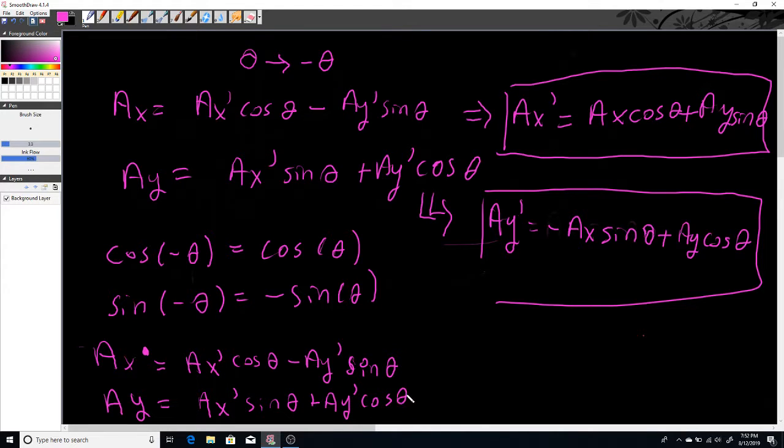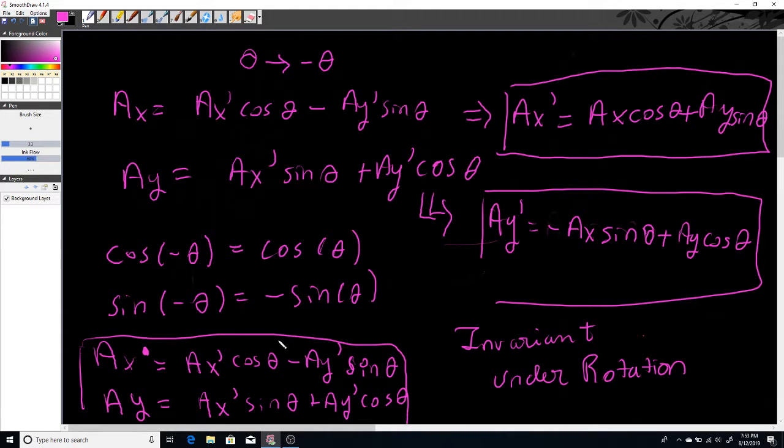So now what I really want to show is that the vector is invariant under rotation. And what that means, and I'll clear up the space over here since that's no longer needed.